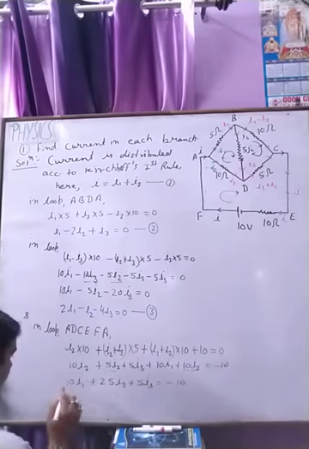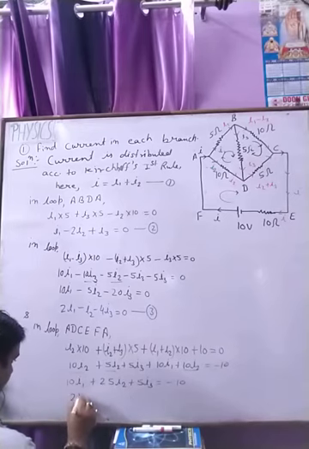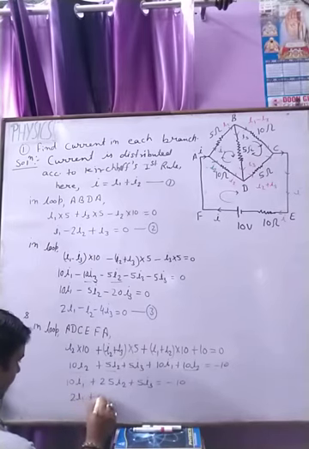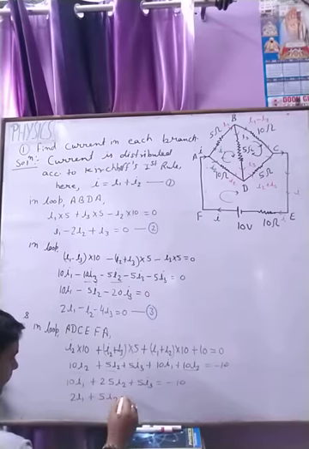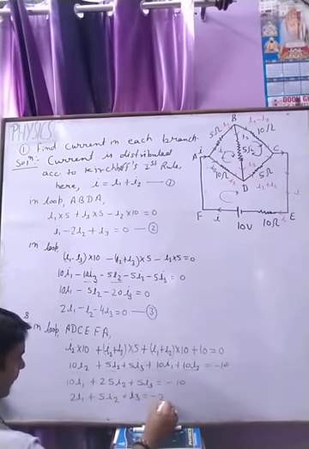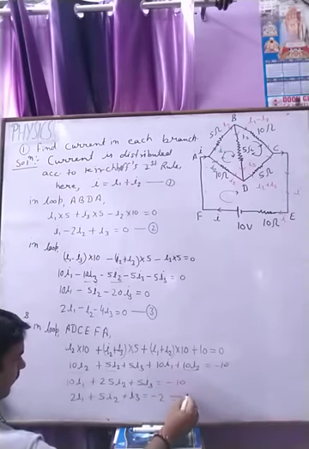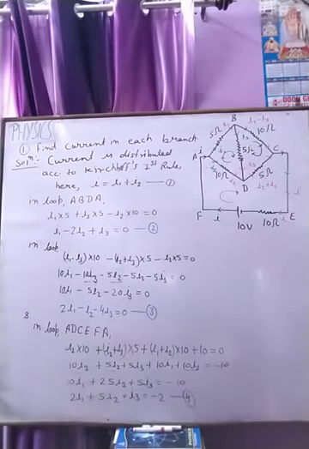By taking 5 as common, 2I1 plus 5I2 plus I3 equal to minus 2. This is equation fourth. Okay.